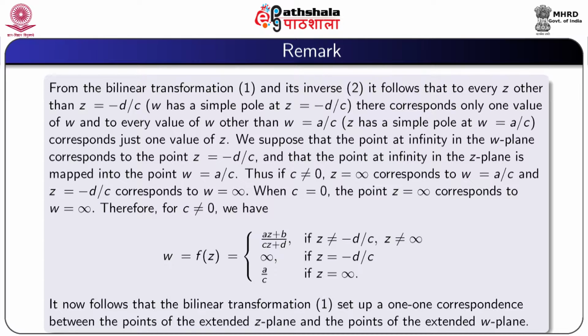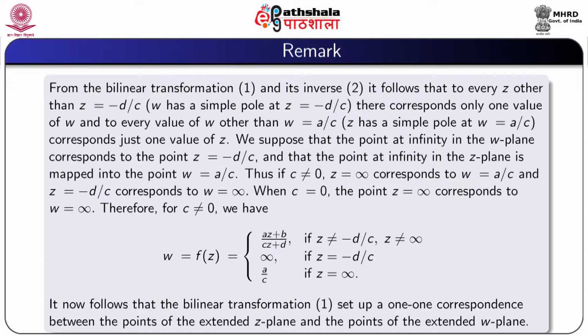Remark: from the bilinear transformation (1) and its inverse (2), it follows that to every z other than z = minus d/c, where w has a simple pole, there corresponds only one value of w, and to every value of w other than w = a/c, where z has a simple pole, there corresponds just one value of z.